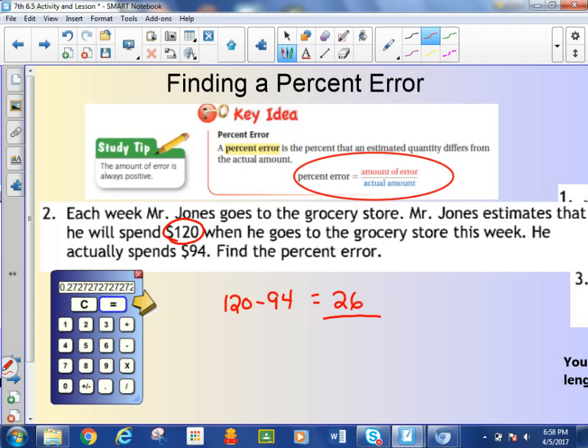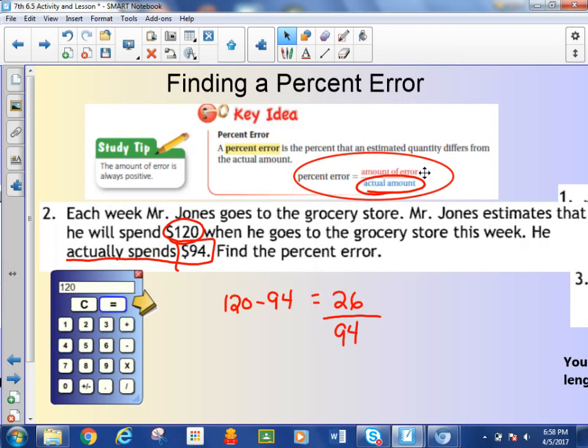Now, the bottom number, remember, is the actual amount. The amount he actually spent was 94, so that's our bottom number. Now we're going to take 26 divided by 94.